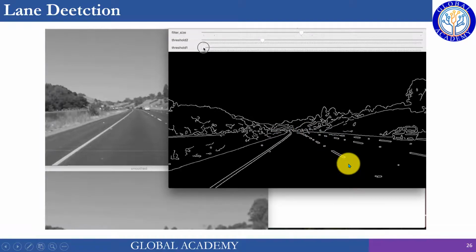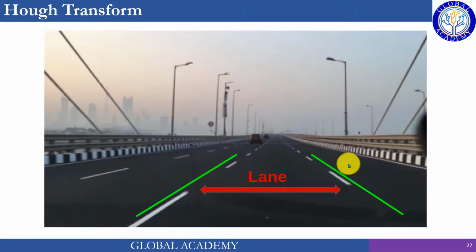Then we can develop over Canny detector, like this one. It's a Hough transform. Hough transform in fact can detect straight lines from an image. So we can detect lanes from the front view of the camera autonomously.